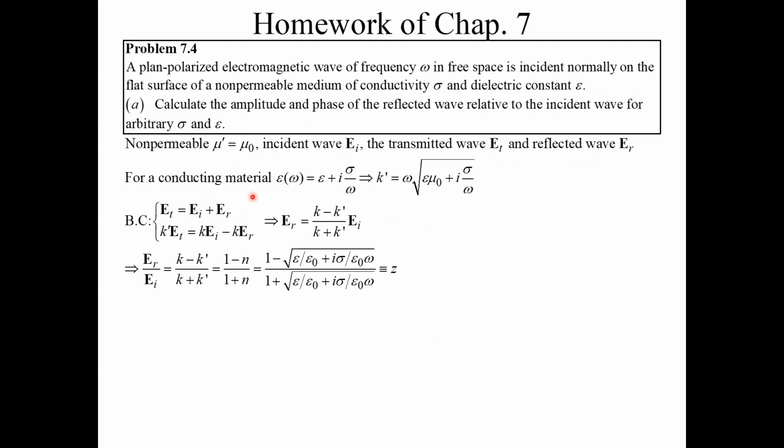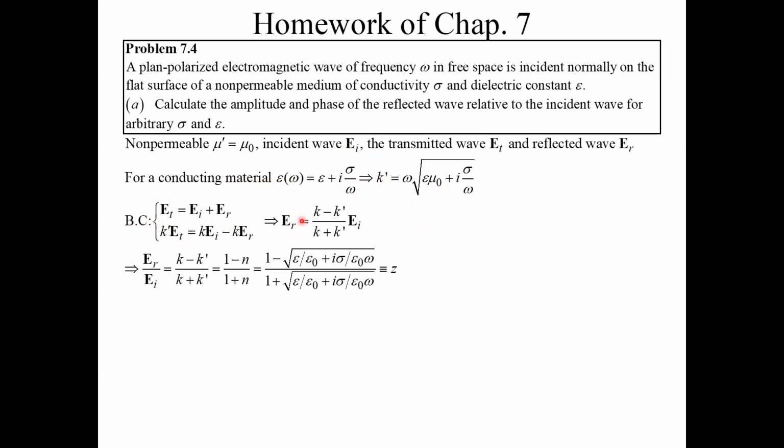For conducting material, alpha corresponding to epsilon, corresponding to our frequency, equals this one. It's corresponding to our sigma, conductivity here. So the wave vector can be written down in this form. So use the boundary condition.